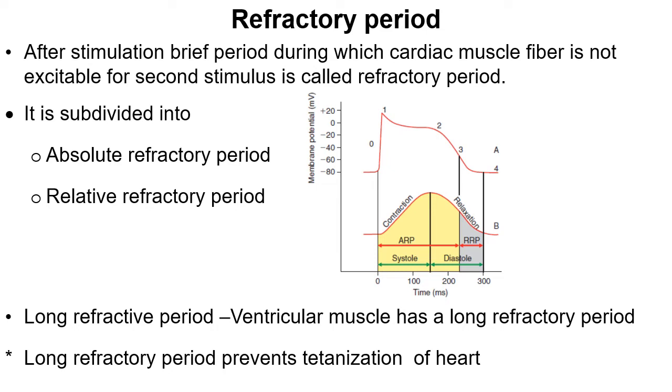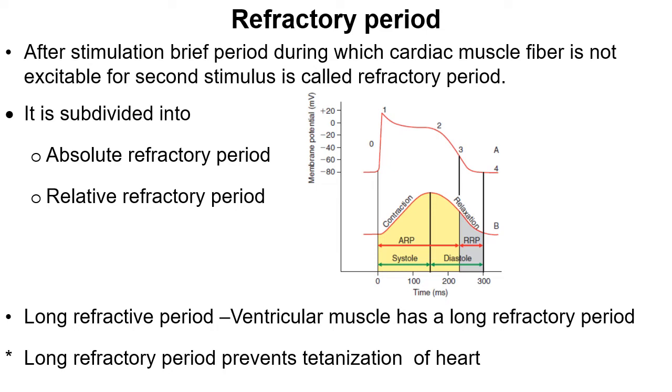Tetanization is sustained contracted state of a muscle. Now, this sustained contracted state of muscle is achieved if the muscle is responsive to a battery of impulses coming at a very high frequency. It responds by contracting, and the contractions are such that the contraction state fuses with one another and forms a state called as tetanus.